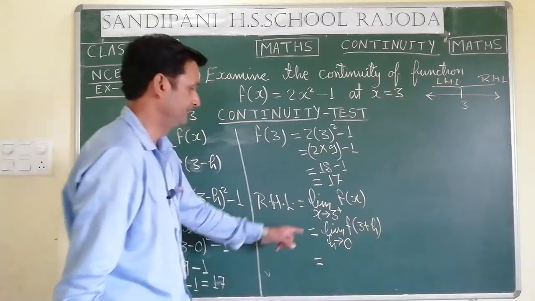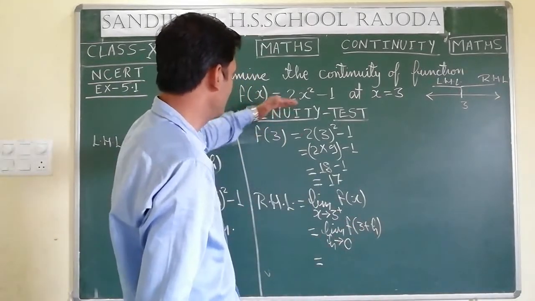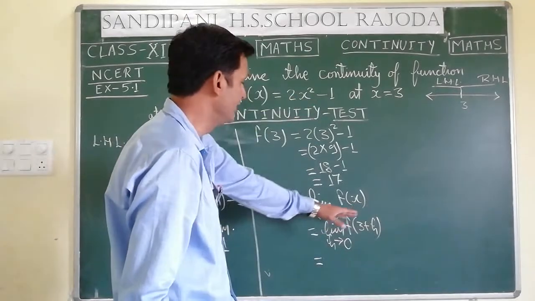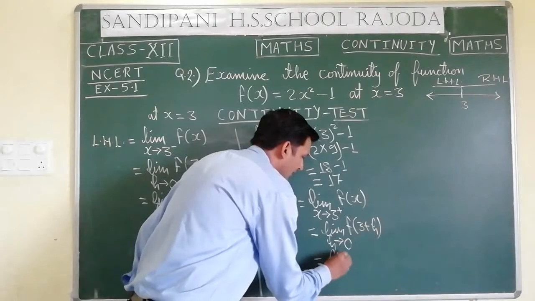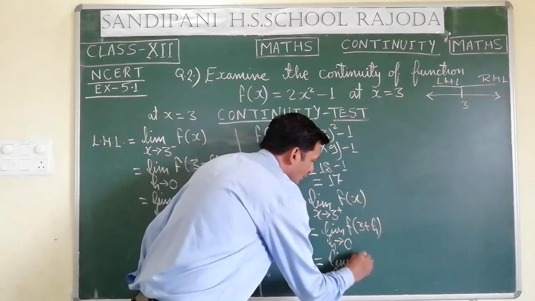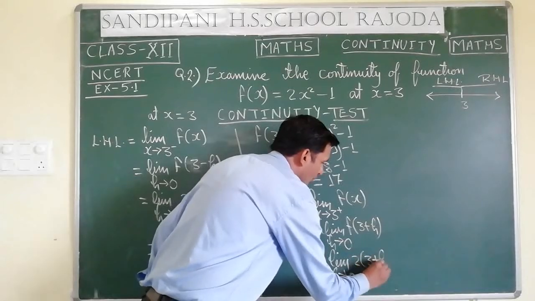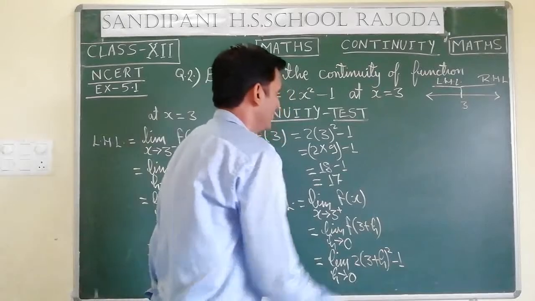So limit h tends to 0, f of 3 plus h means in place of x we have to write here 3 plus h in this given function. So limit h tends to 0, 2 into 3 plus h whole square minus 1.